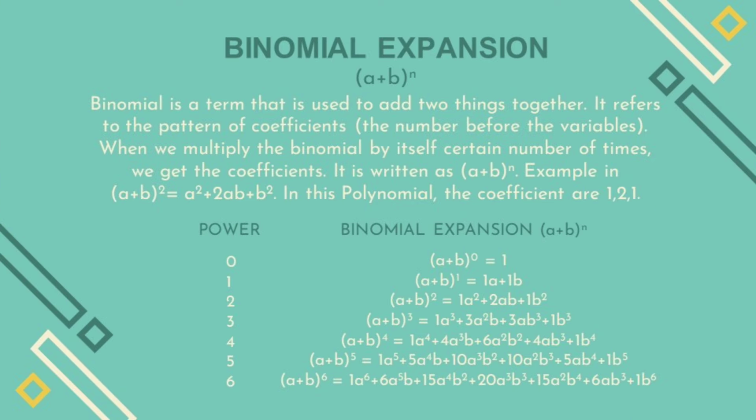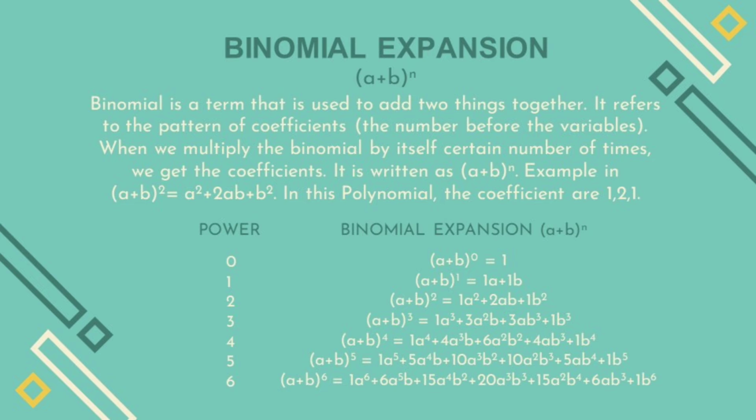Pattern number 3. The binomial expansion pattern. Binomial is a term that is used to add two things together. It refers to the pattern of coefficients, which are the number before the variables. When we multiply the binomial by itself a certain number of times, we get the coefficients.